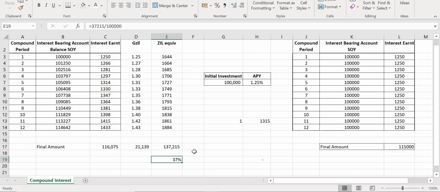A 100,000 ZIL initial investment, a 15% APY, and we calculate that equivalent to be a 1.25% monthly return. The conversion between GZIL and ZIL of 1 GZIL being worth 1,315 ZIL. And monthly restaking. So given that, we make a 37% equivalent APY.